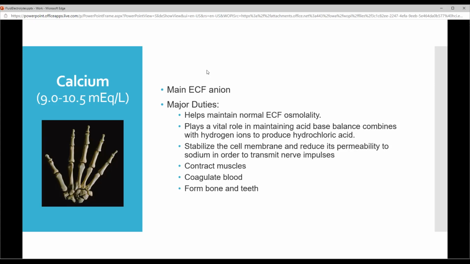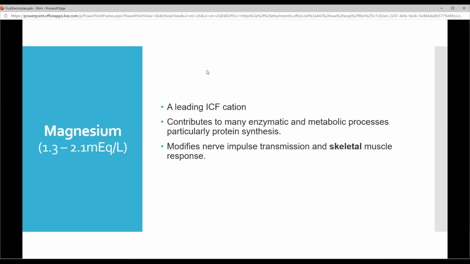There are two tests that go with calcium and magnesium, Chvostek's and Trousseau's. Those are tests where you're looking for tetany, which is like muscle hyperactivity, shall I say. Magnesium.